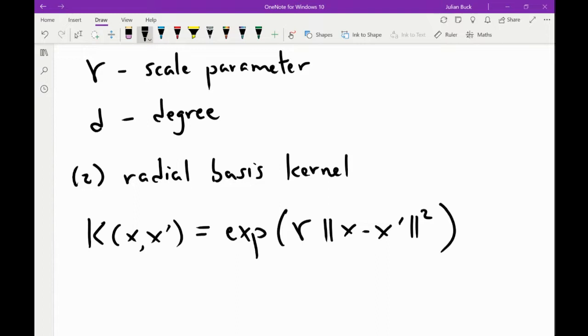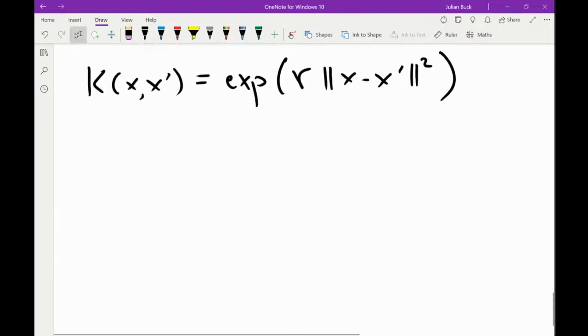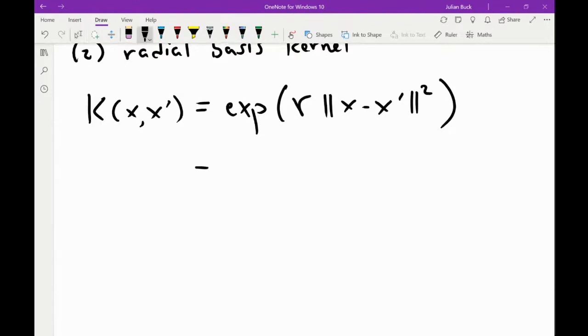This double bar notation I'll explain in a moment. So it's computing something involving a difference of x and x prime. The other way you can write this is e to the power gamma norm x minus x prime all squared.